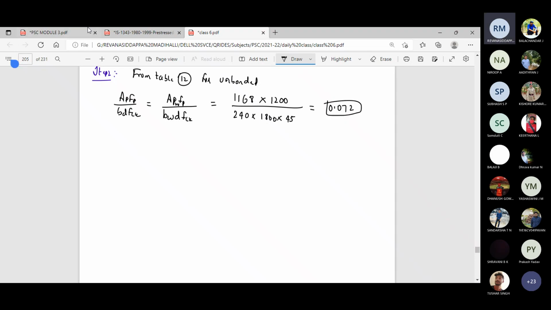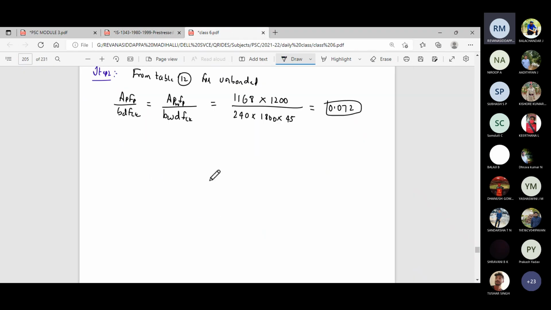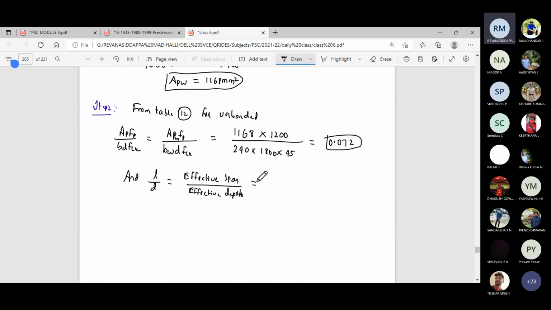Then what else is needed to calculate the XU by D ratio? You need the effective span to effective depth ratio. That we also calculate: effective span L by D, nothing but effective span to effective depth. How much is it given? 40 meter, 40,000 mm.